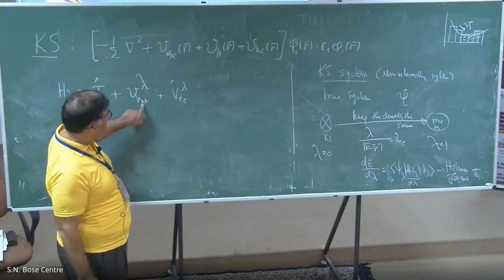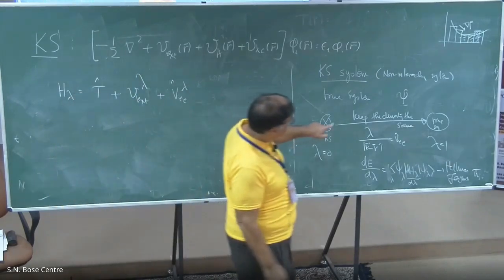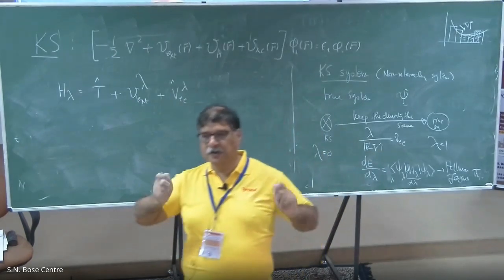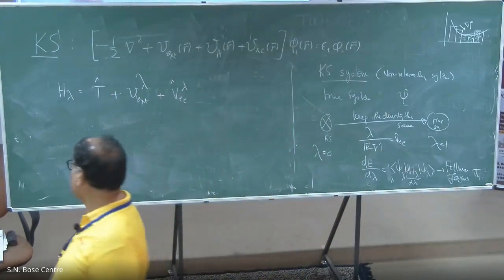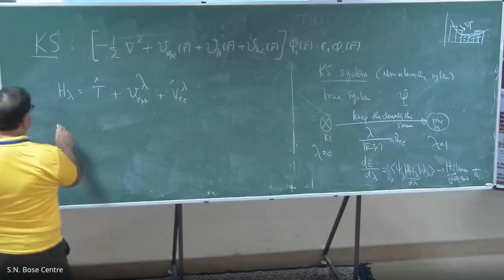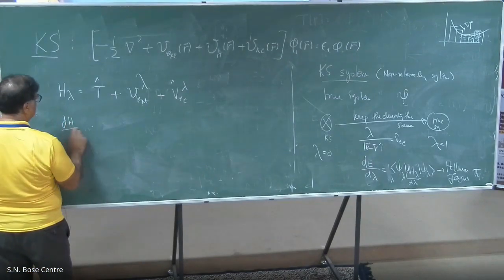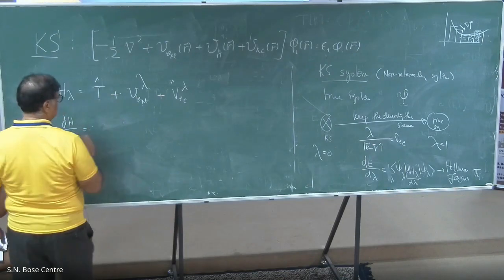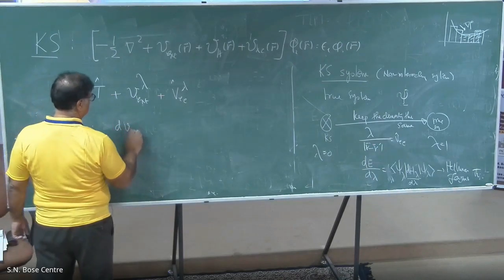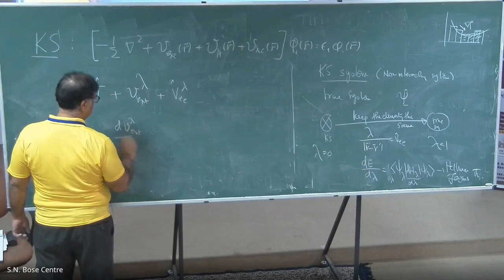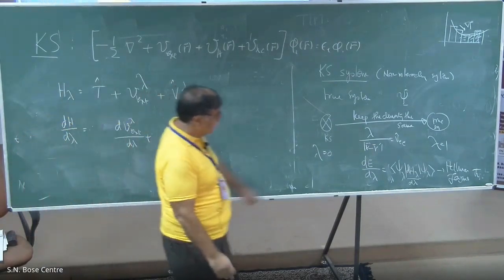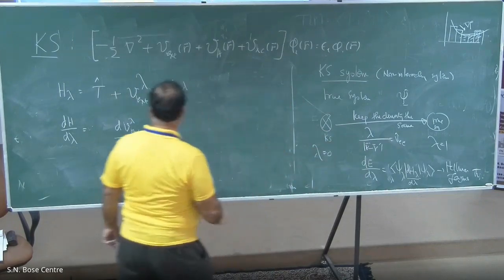Why does V external depend on lambda? Because if I want to keep the density fixed as I change the interaction, I have to change the external potential also. And dH by d lambda is going to be, this is independent of lambda, plus this we are taking to be like this, 1 over r minus r prime.